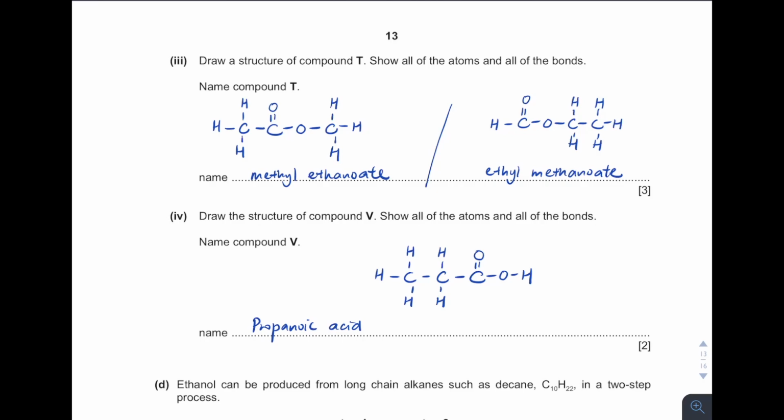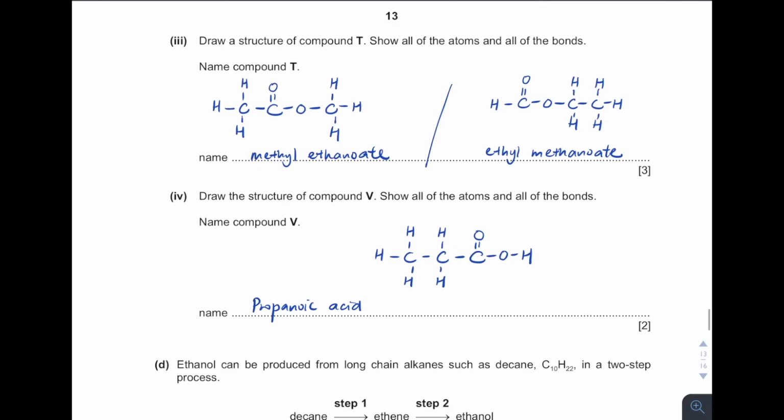Total 3 carbons, so it can be 1 carbon in the alcohol part and 2 carbons in the acid, or it can also be 1 carbon in the acid part and 2 carbons in the alcohol part. So the answer can be methyl ethanoate or ethyl methanoate. Either one will do. See, total is still 3 carbons. And then V, carboxylic acid with 3 carbons. So a carboxylic acid with 3 carbons is called propanoic acid. So this is how it looks like.